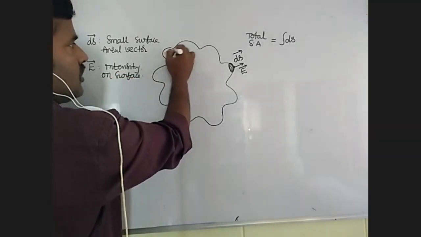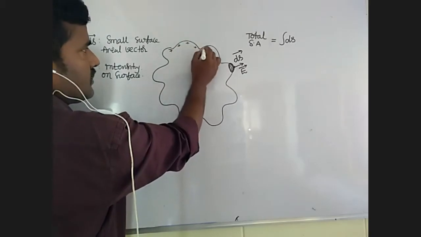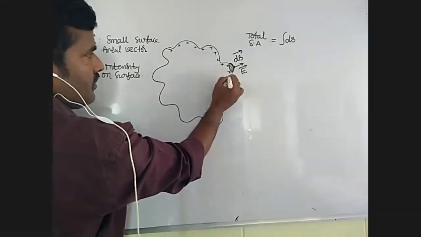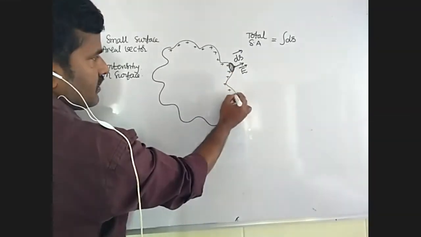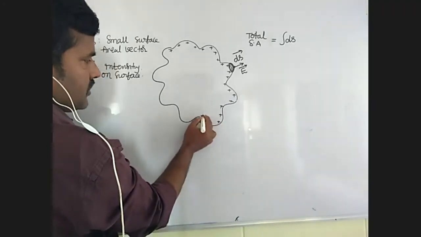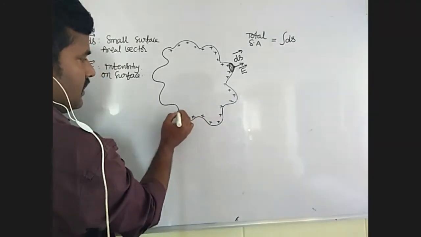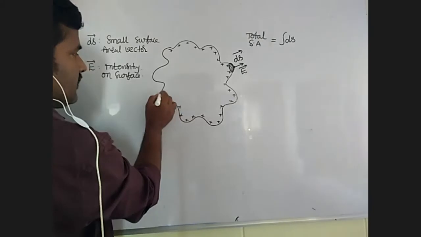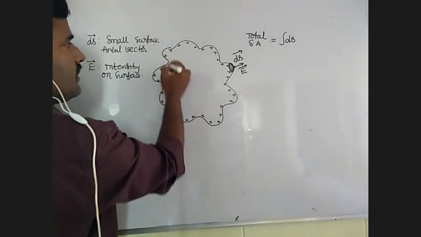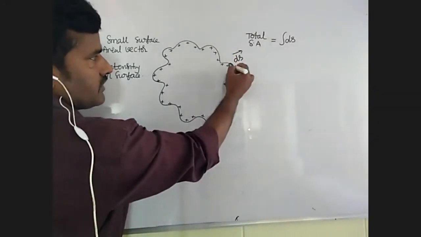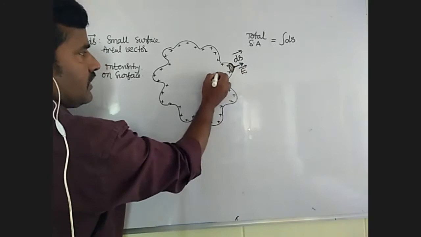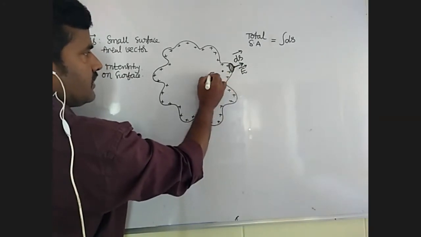The charge on this surface is the total charge, and the total charge providing intensity is E. This is just outside; on the inner side, inside, the intensity becomes zero.